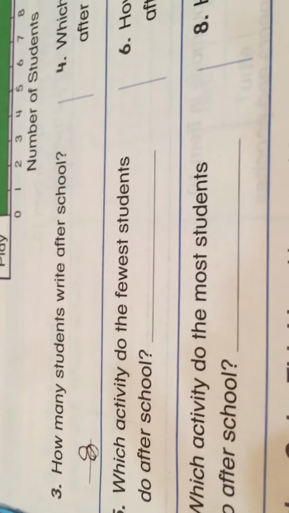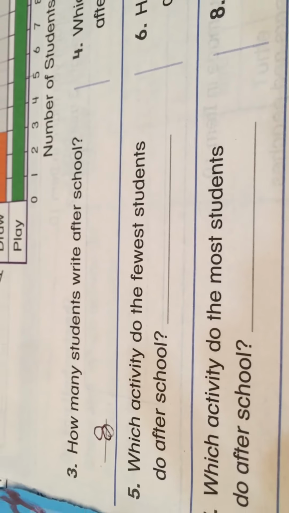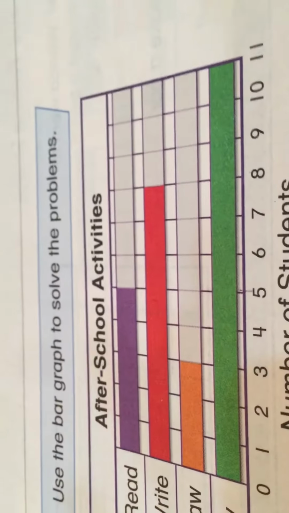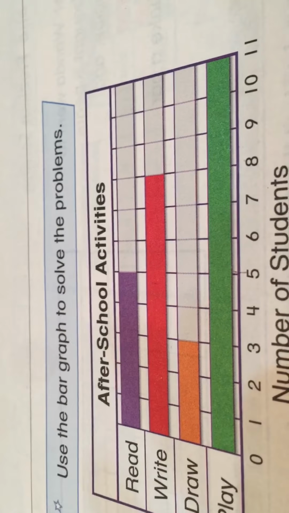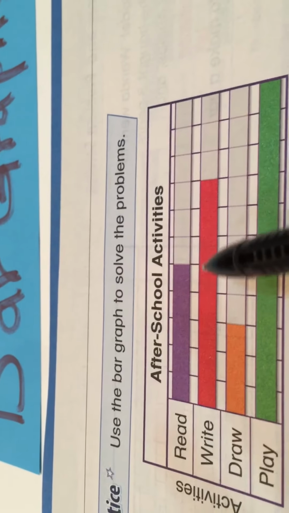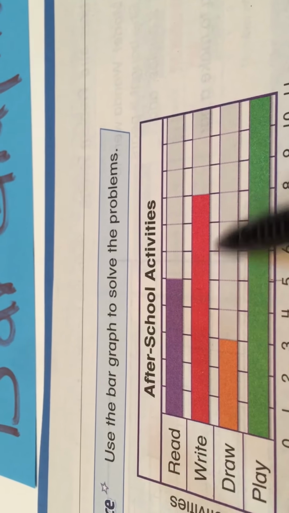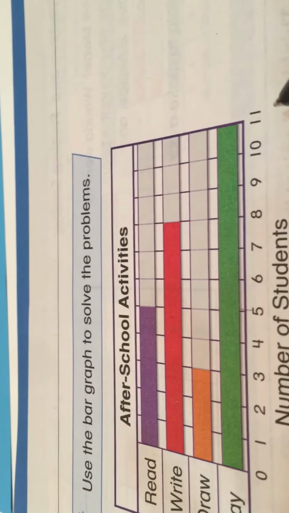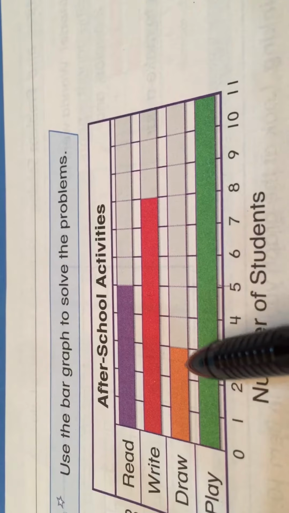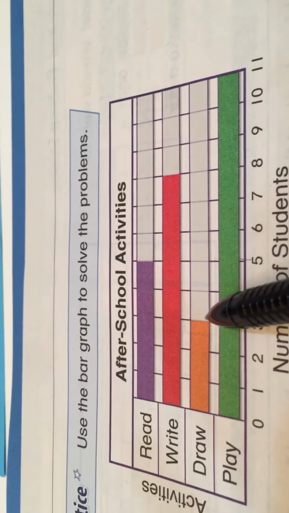Okay? Then number 5, which activity do the fewest students do after school? Fewest means the smaller number. Look at the graph here. Which one do you think is the fewest number? This is the purple, the red, the orange, and the green. The orange is the fewest number.